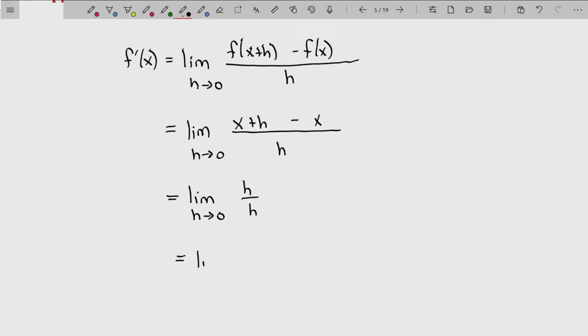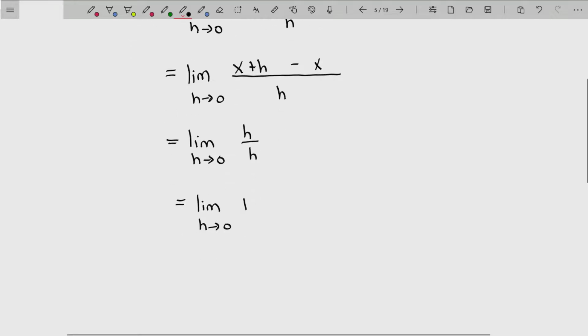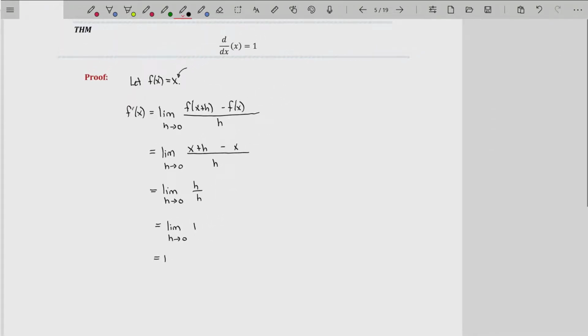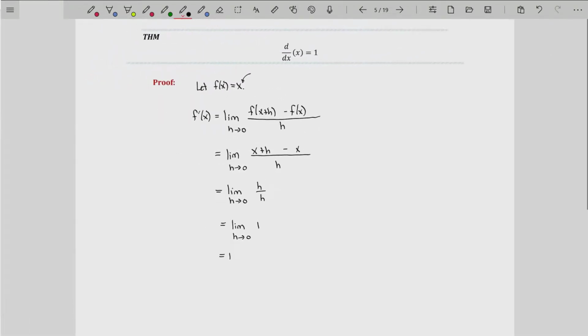And arithmetic, again, tells us that that limit is now the limit as h approaches 0 of 1. And our limit laws tell us the limit of a constant is just the constant. We've now just proven that the derivative of the function x is 1, always. QED.